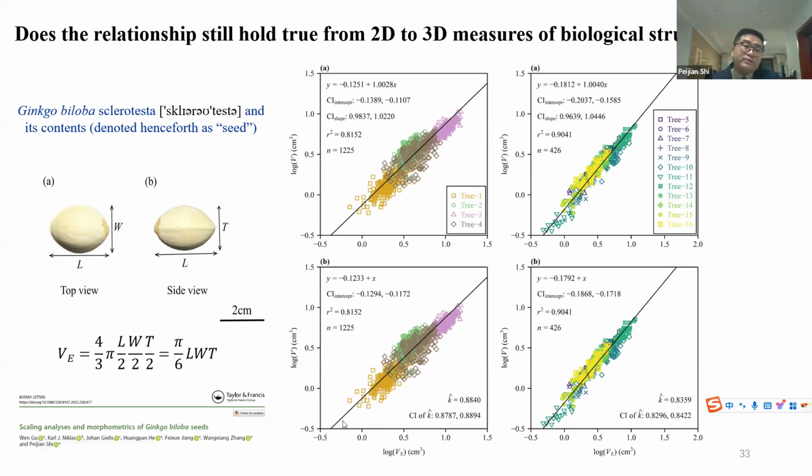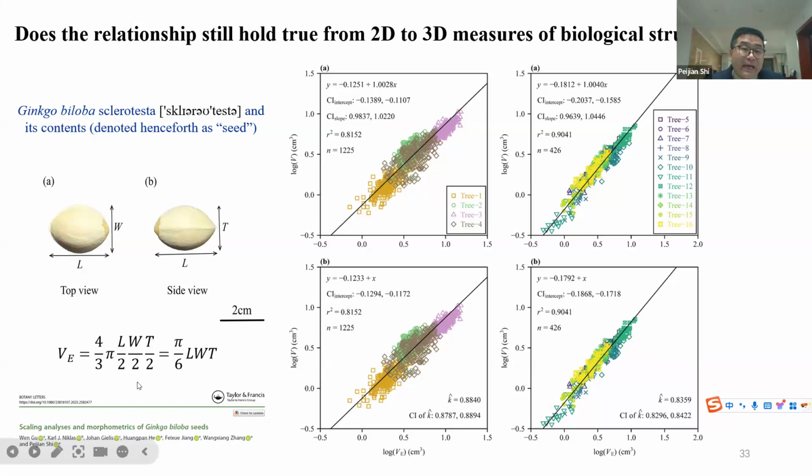It is well known that for a standard ellipsoid, its volume is equal to 4/3 multiplied by pi and multiplied by the three semi-axes. The three semi-axes can be expressed as half of seed length, half of seed width, and half of seed thickness.